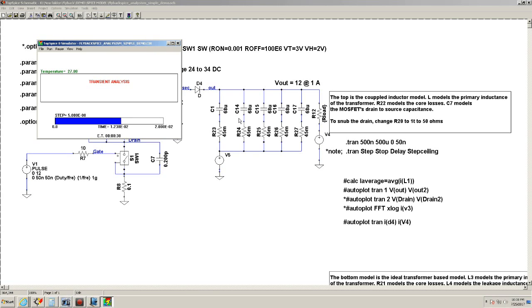As you add more capacitance, it does take longer to reach steady state. So a lot of times when I need quick calculations, I often reduce the value of the capacitance just to cut down on the simulation time. But if you do want ripple, then you just gotta let it run. It might take a little while. Right here it's already taken over a minute.